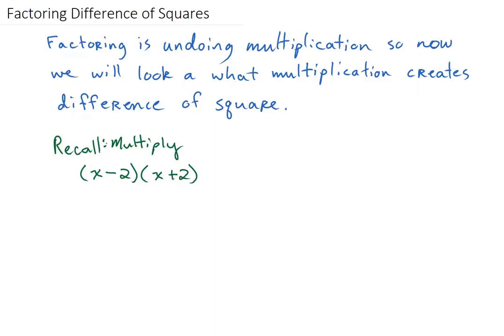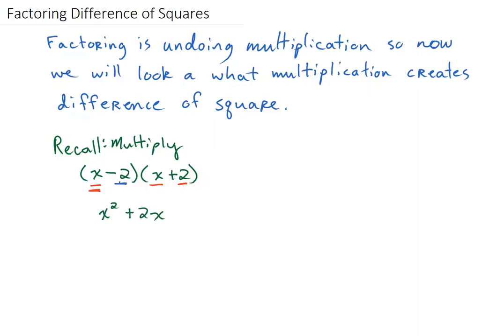We've talked about these before. These two binomials are called conjugates of each other. First we'll multiply the x times the x. That's going to give us an x squared. And then we'll multiply the x times the 2, and that's going to give us a 2x.